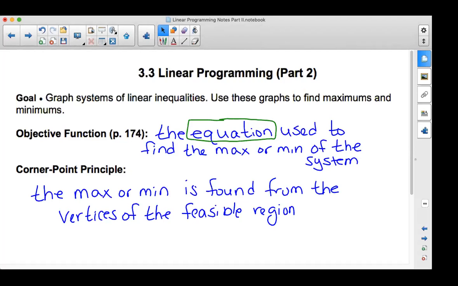So what this is saying is that one of those corner points is going to give us a maximum value if we're looking for a maximum value, or a minimum value if we're looking for a minimum value of the objective function.